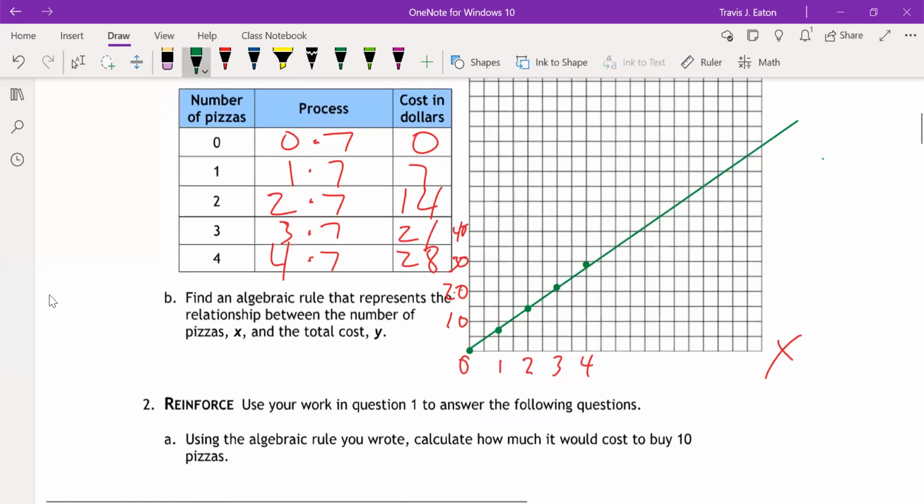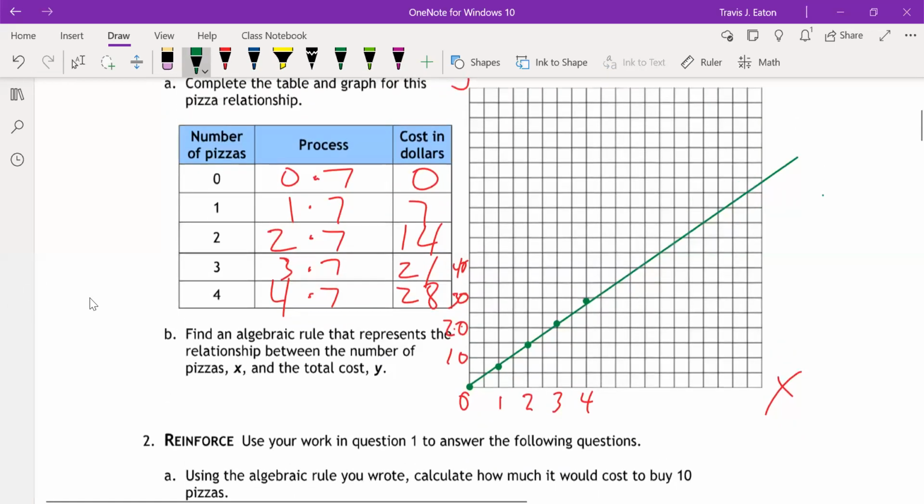Now we have the graph, we have the table. Now we have to find the algebraic rule. So let's think about this. Remember, the number of pizzas, that is our input. That's our x, right? I can put this down here, x. And the cost is going to be our y. So how much will our cost be?